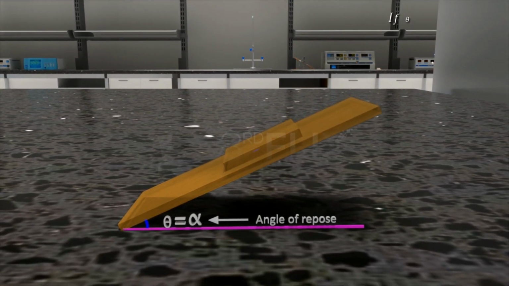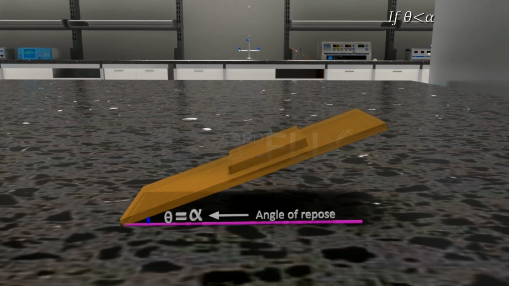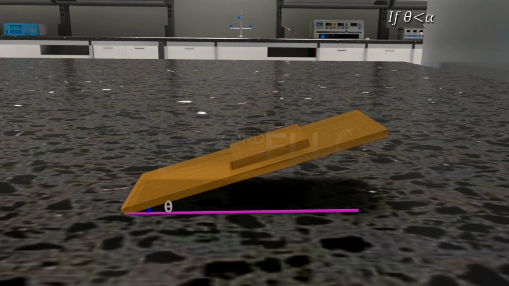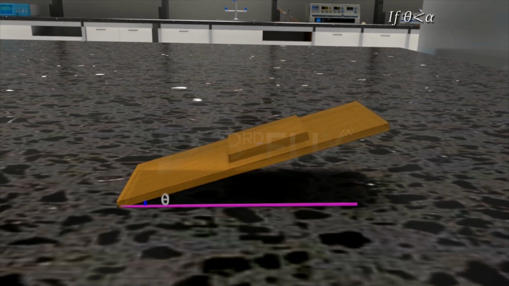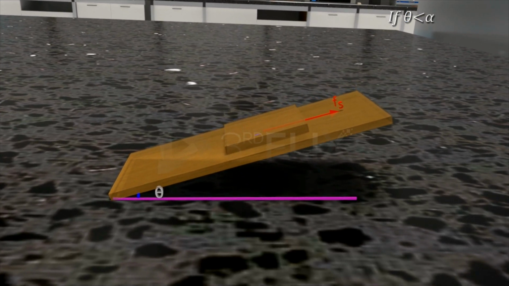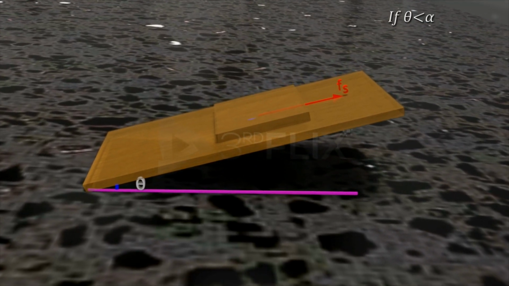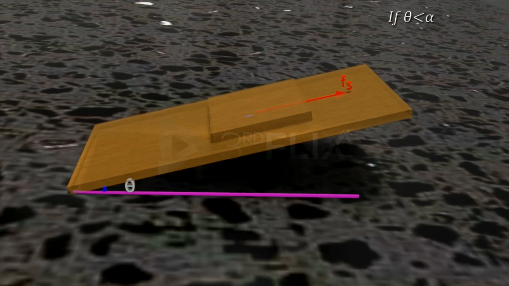If the angle of inclination theta is less than the angle of repose alpha, the block remains at rest. Static friction acts on the block, and it balances the x component of the gravitational force, mg sin theta.